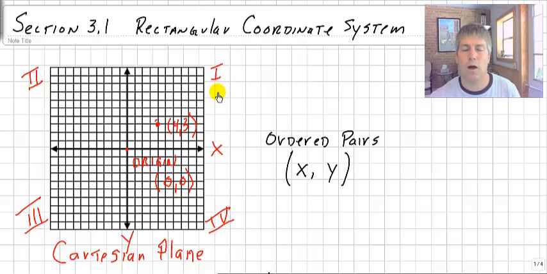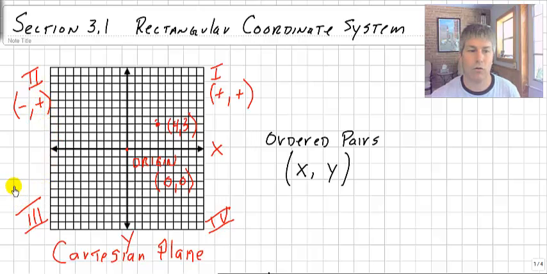And in the first quadrant, all of our ordered pairs here, okay, since we're to the right of the origin and we're above the origin, those ordered pairs will all be positive, positive. So positive x's, positive y. In the second quadrant, here the x's are negative, but the y coordinate will always be positive.